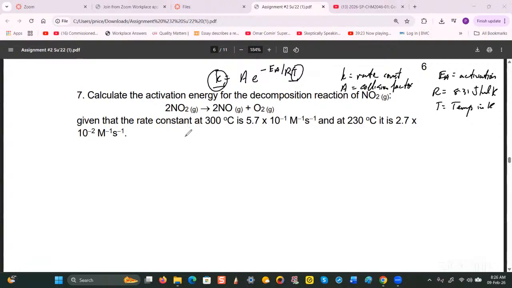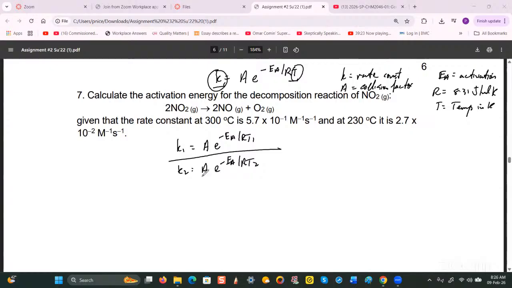So let's say K1 would be the rate constant at T1. So K1 would be equal to A times e to the minus EA over R T1, and K2 will be equal to A times e to the minus EA over R T2, right?